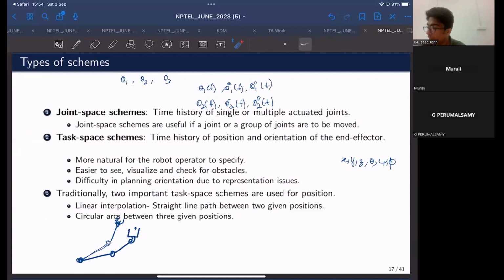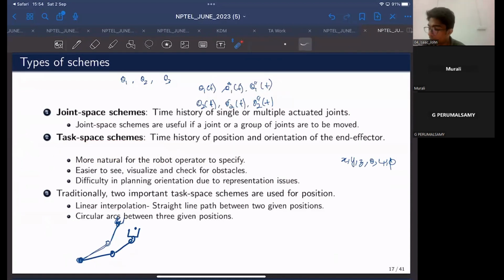So intuitively, if you want a robot to move from this position to this position, it is intuitive for us to define the trajectory in terms of task space variables.